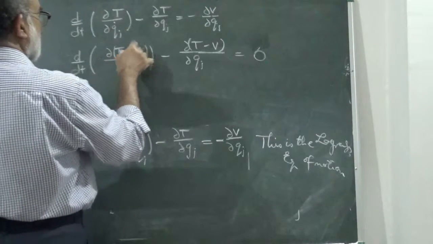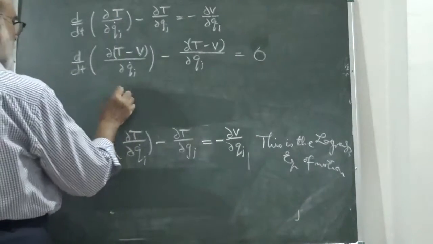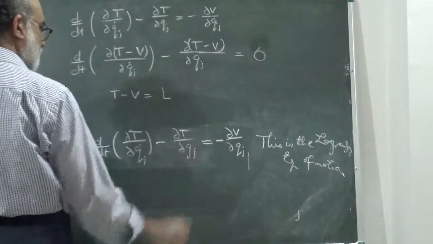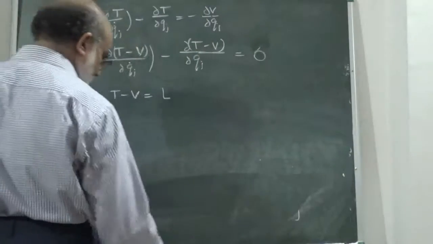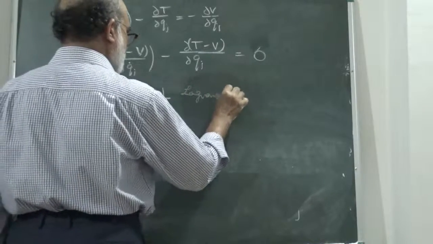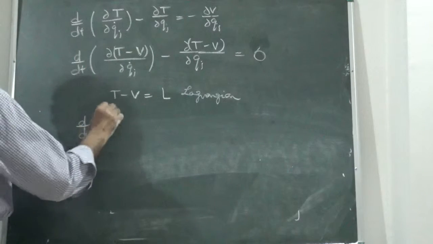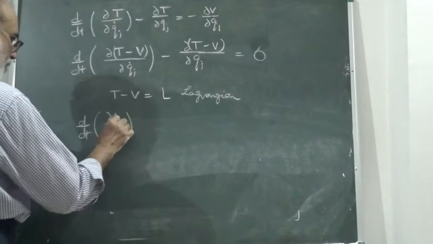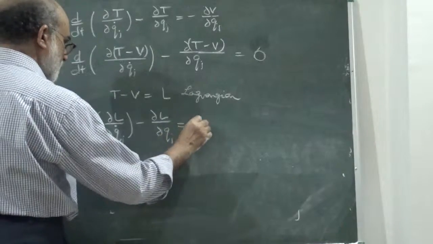So just writing to make it similar, and let us call T minus V by a new symbol called L. This is called Lagrangian function. So it will be d by dt delta L by delta qj dot minus delta L by delta qj is equal to 0.